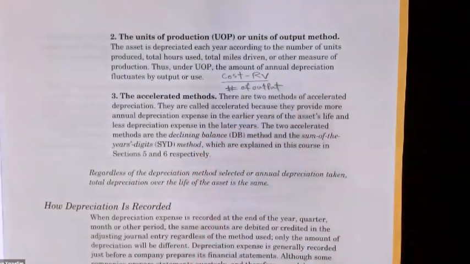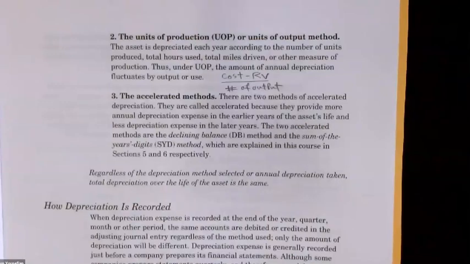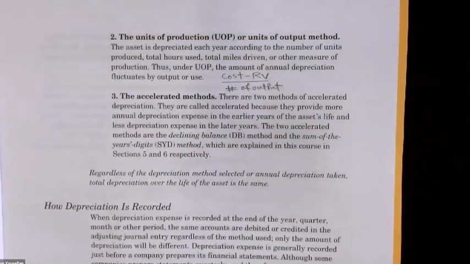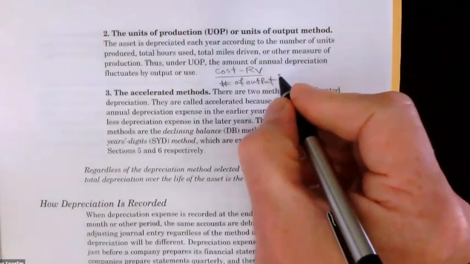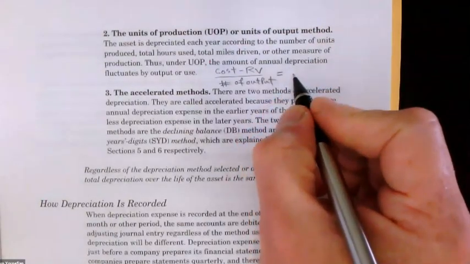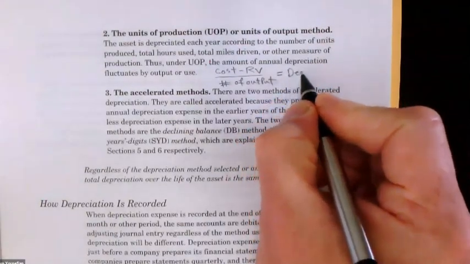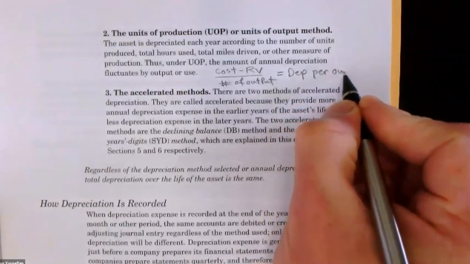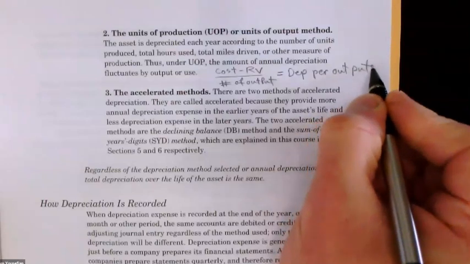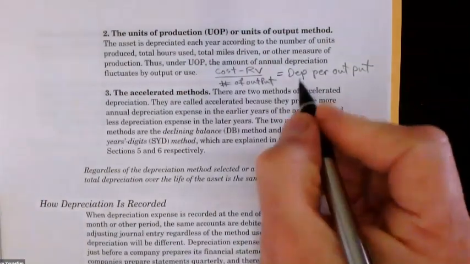That output can be mileage, machine hours, or units, let's say if it's a specific type of machine that does production. And that gives you depreciation per output.